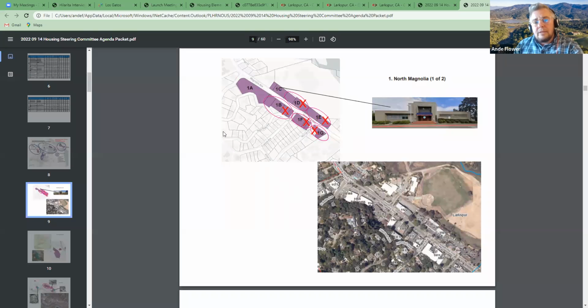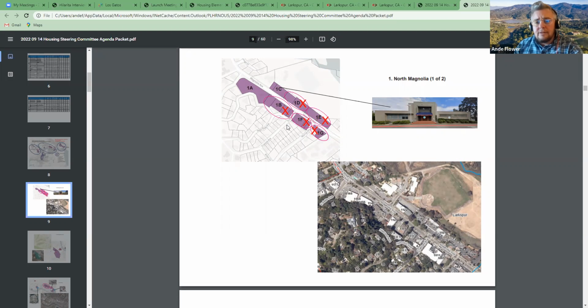But we looked at sites again. So site number 1C, this is a site where there has been owner interest expressed. We know that site 1A, there's already a development proposal in process right now. 1B includes a number of smaller sites that are less likely to develop in this 8-year cycle.